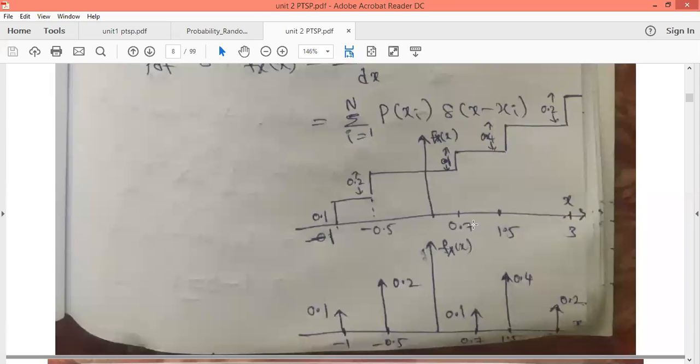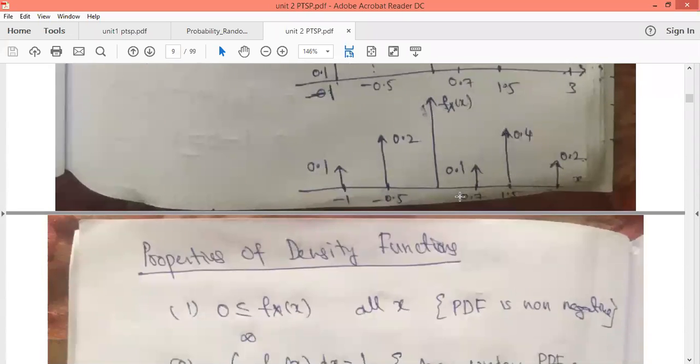At 0.7, the amplitude is raised by 0.1, so the amplitude will be 0.1. At 1.5, the amplitude is raised by 0.4, so the amplitude will be 0.4. Like that, we get the impulse function wherever we have a rise in the step function. So this is the probability density function, the derivative of the distribution function.